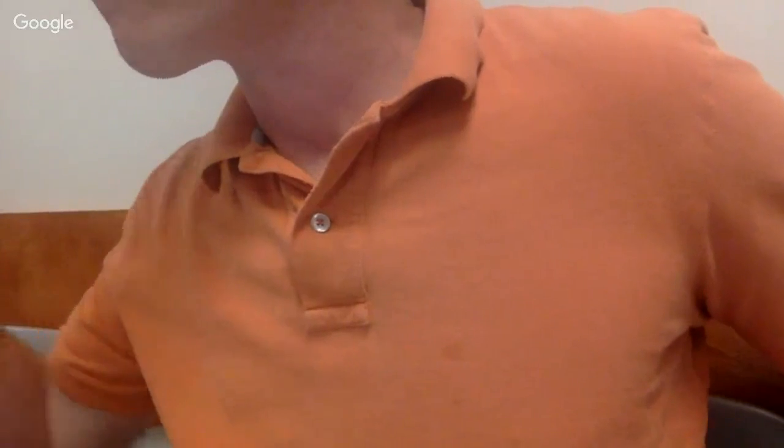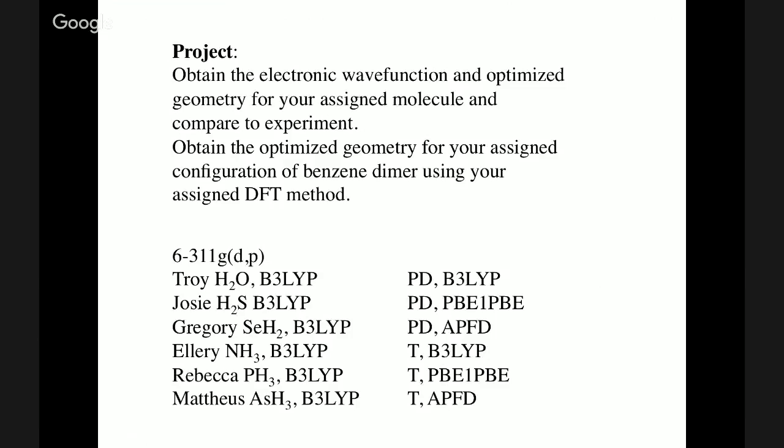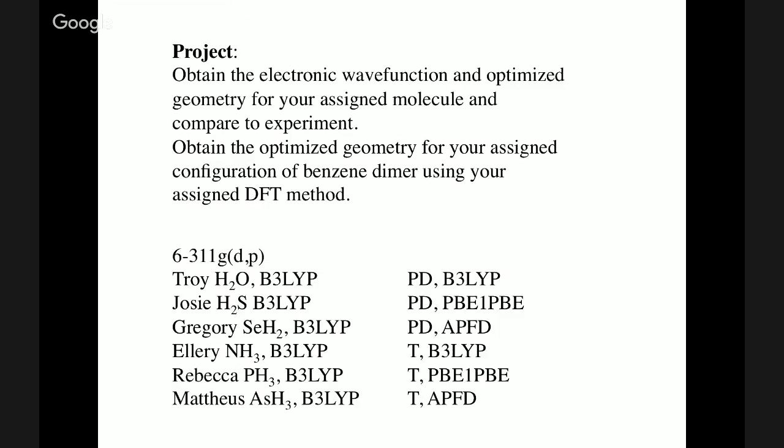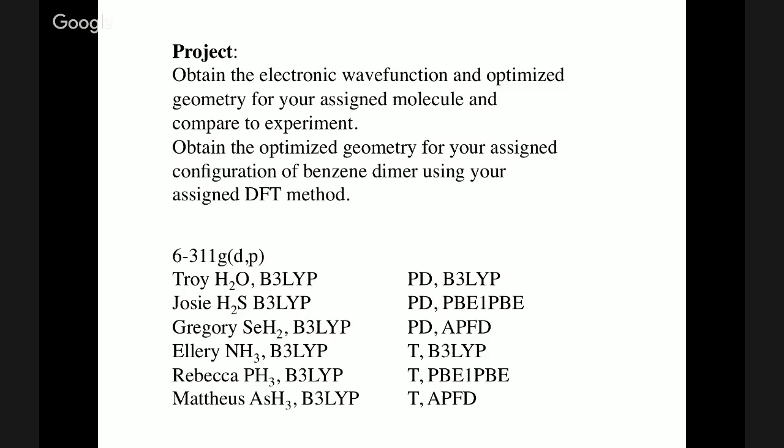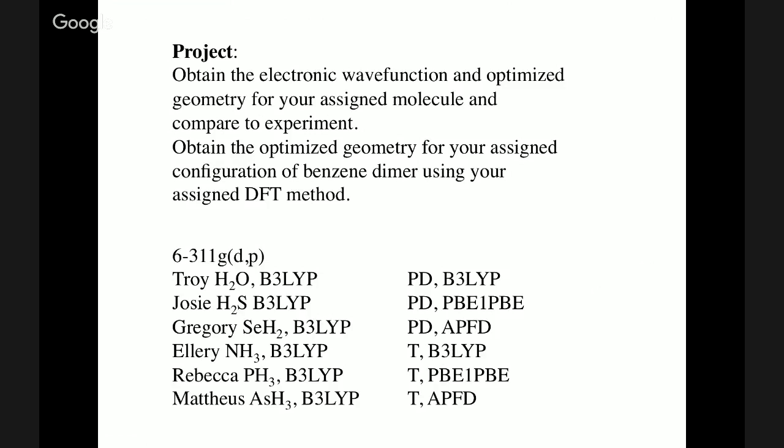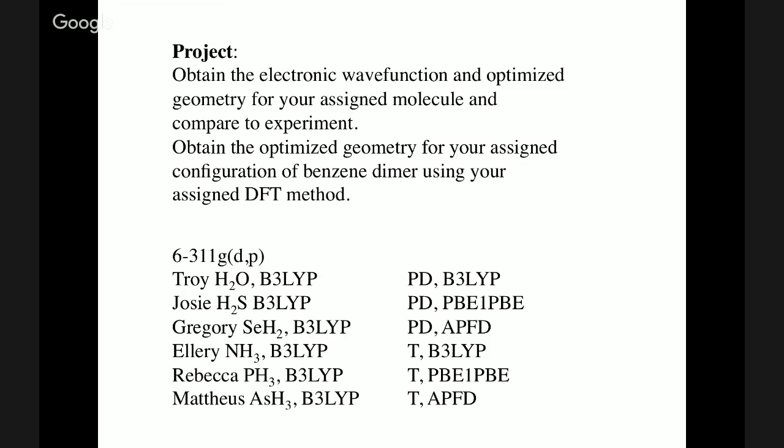Okay, so yesterday I was to go through and obtain computed geometries for various molecules, small molecules, and a few different people doing different functionals and different geometries were benzene and others. The first one was just to be able to see the periodic trends in bond distances and bond angles, for both the oxygen series and the nitrogen series.